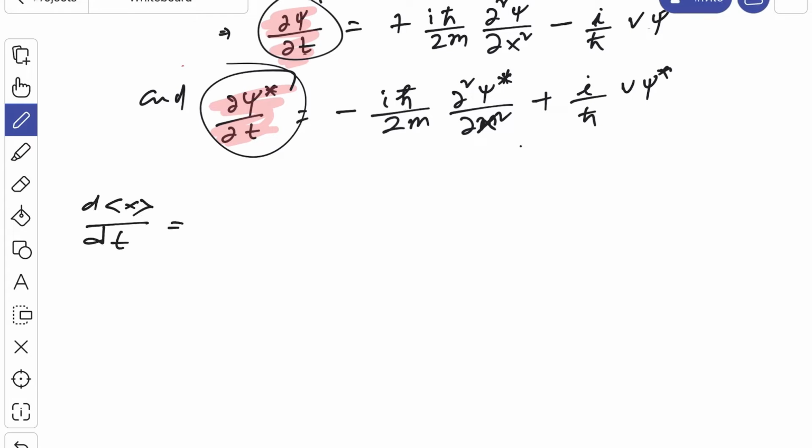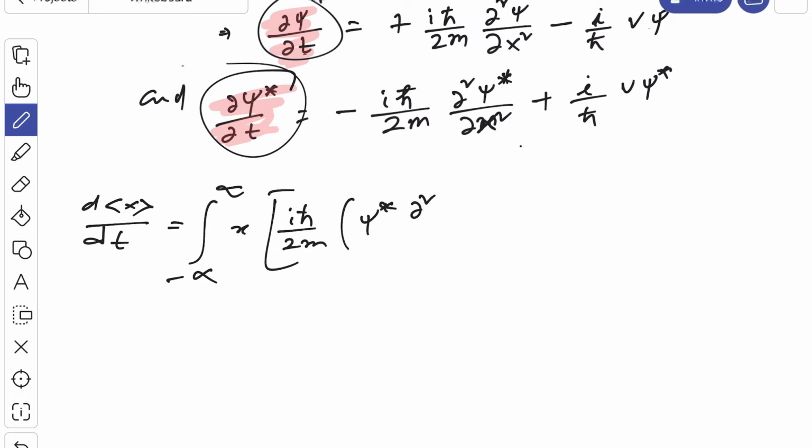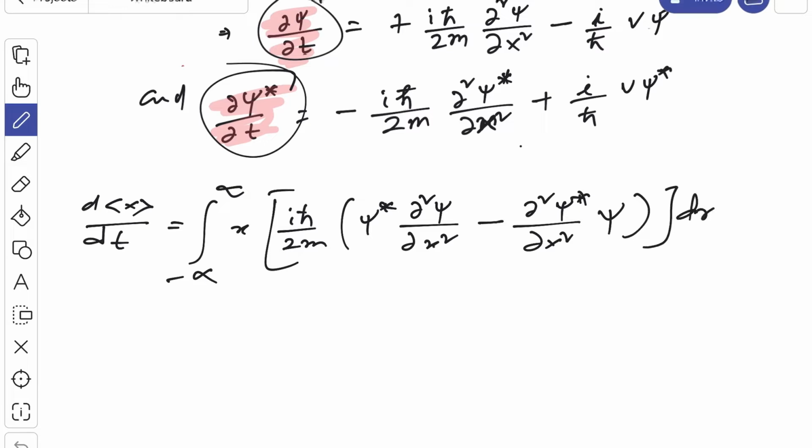Let me write here. The integral from minus infinity to plus infinity of x times i h cut by twice m, then within the bracket psi star times the second order partial derivative of psi, minus the second order derivative of psi star times psi, dx.